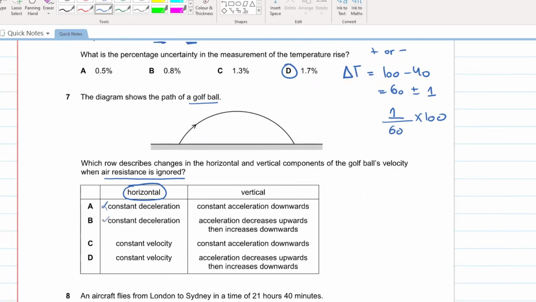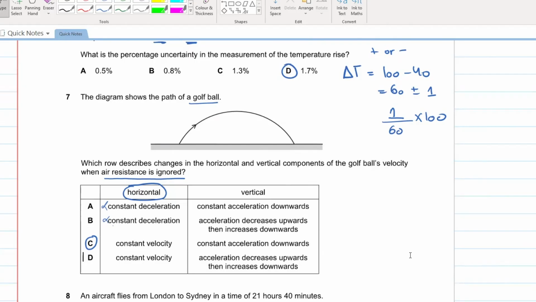So option A or B cancel out. The vertical component of velocity will have a constant acceleration downward. C is your answer. The vertical component will have what? Constant acceleration downward. And horizontal component will have what?